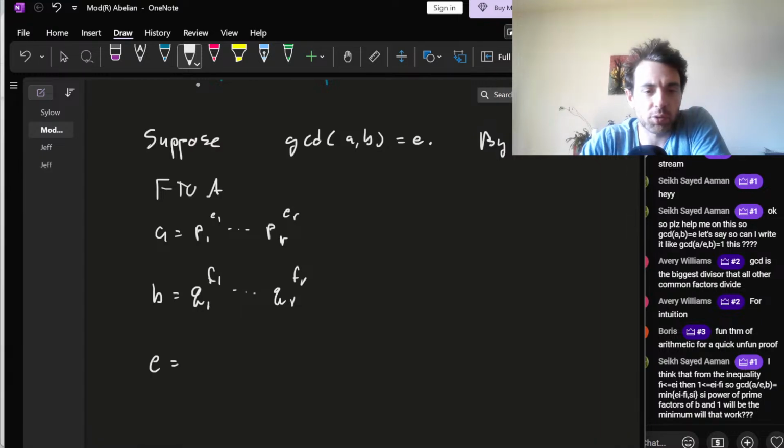What's another good letter for a prime? L. LG1 up to, no, that shouldn't be R. There should be S. LTGT.